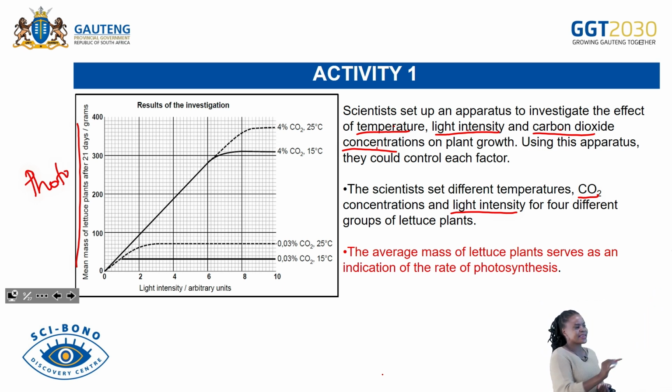So what we are given on the graph here, we are given the graph which shows the light intensity in arbitrary units versus the mass of the lettuce plants, and then they were measured with what? With grams. And then we are just told that the mass of lettuce represents what? The rate of photosynthesis. Now let's look into the first question.